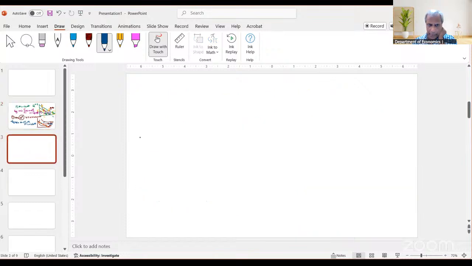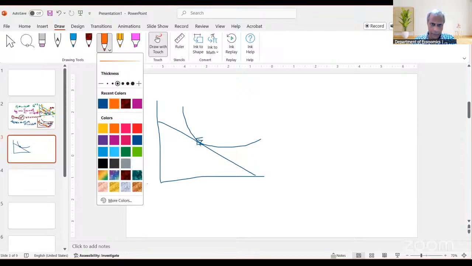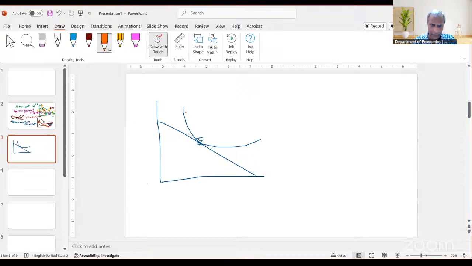I take another slide and here, whichever way, ultimately the producer's optimal point, they get the point here, let's say point E. Now you can see at point E, the slope of the isoquant curve equals the slope of the isocost curve.